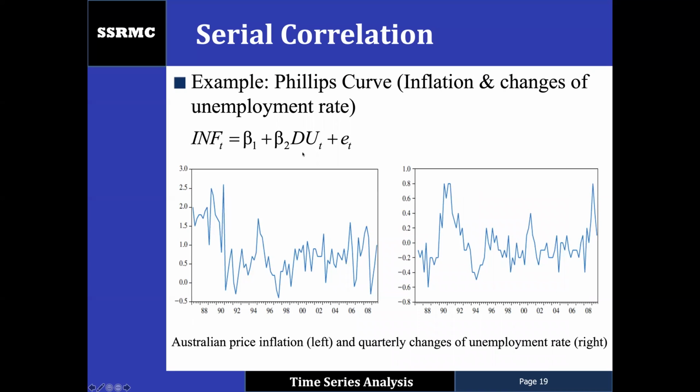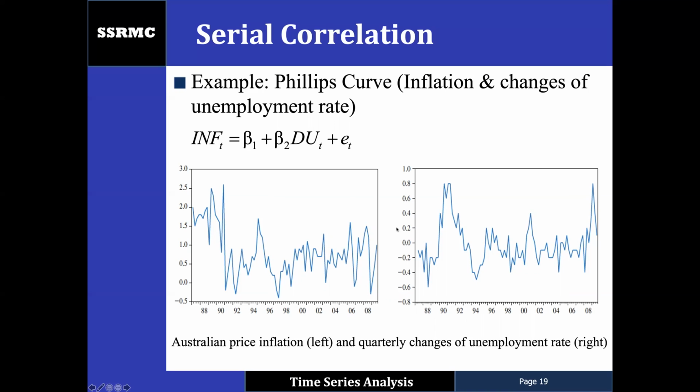We also have another example, the Phillips curve. It is a theory in economics to investigate the relationship between inflation and the unemployment rate. The relationship is as follows. On the left-hand side, our dependent variable is the inflation rate. On the right-hand side is DU, the variable that we used in the previous example, the first difference of the unemployment rate.